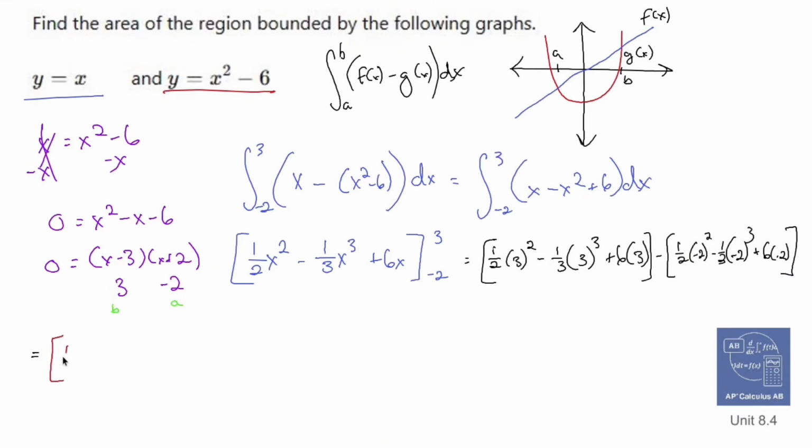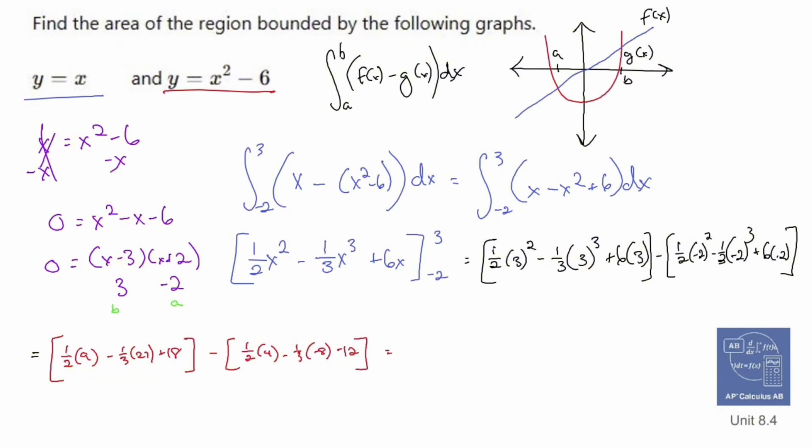All right, we've got 1/2 times 9 minus 1/3 times 27 plus 18, minus 1/2 times 4, minus 1/3 times negative 8, minus 12. Plus or minus, no, not plus or minus, just minus.